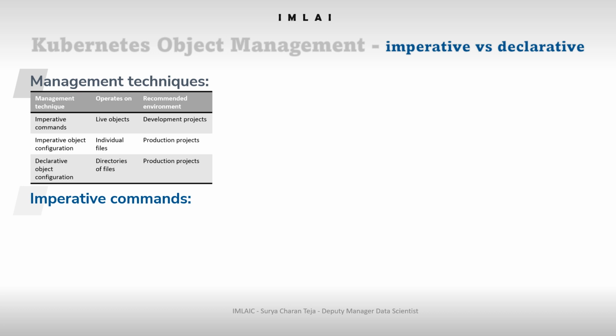When using imperative commands, a user operates directly on live objects in a cluster. That means live pods on a cluster. The user provides operations to the kubectl command as arguments or flags. This is the recommended way to get started or to run a one-off task in a cluster, because this technique operates directly on live objects.